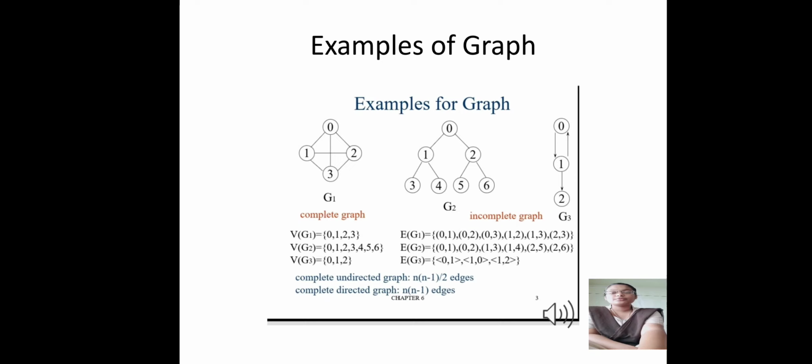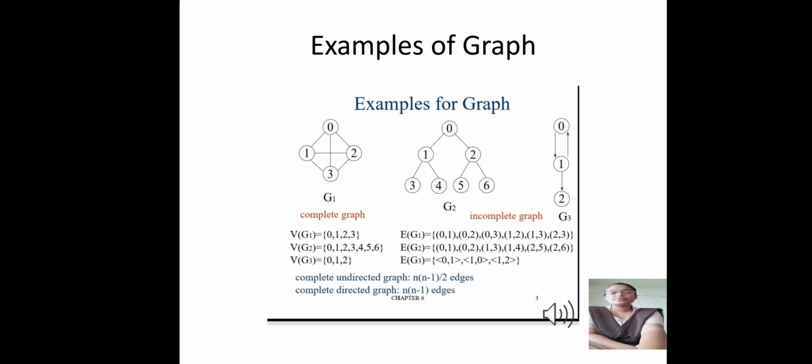Now let us see the third example, graph G3. The vertices are 0, 1, 2. There are 3 vertices, n is 3, and it is a directed graph. So the formula to find whether it is complete or incomplete for a directed graph is n of n minus 1. So n is 3, 3 of 2 is 6.